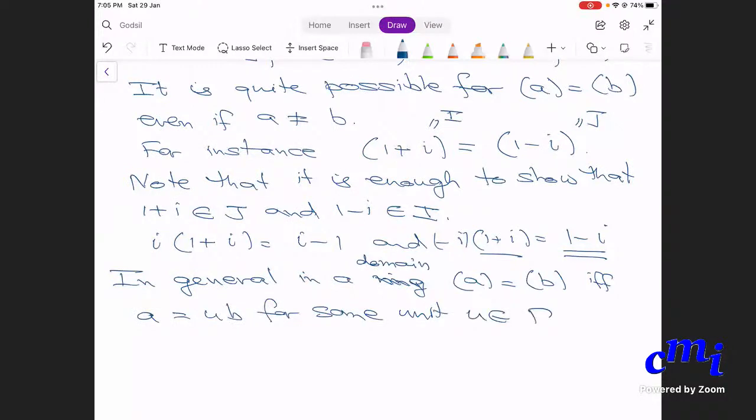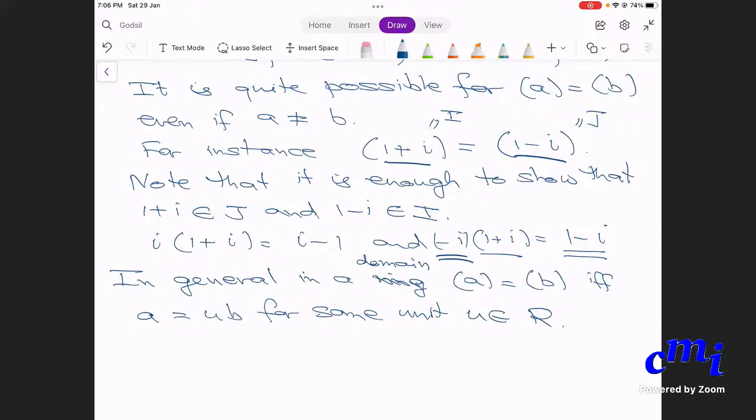Unit means invertible element of that ring. So two things generate the same ideal if they are related by units. And 1 plus i and 1 minus i are related by this unit minus i on one side, right? And so they generate the same ideal.